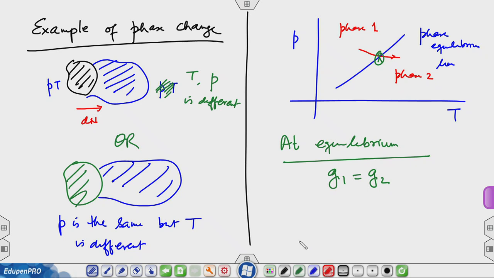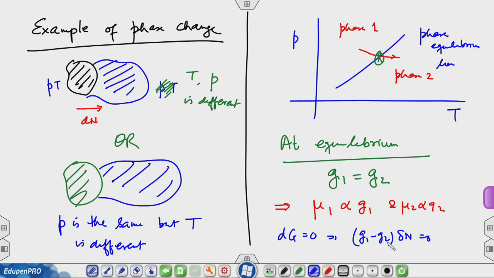And this implies that mu 1 may be proportional to G1 and mu 2 proportional to G2. In fact, this is precisely how we derived this. We said that dG equals 0 means (G1 minus G2) delta n was 0, and this implied G1 equals G2.